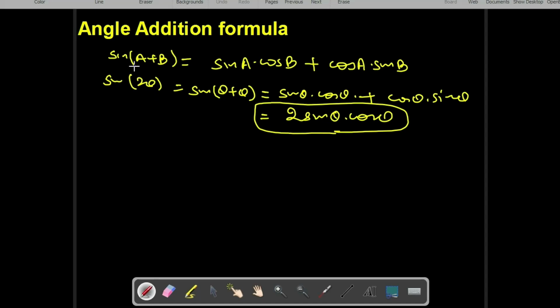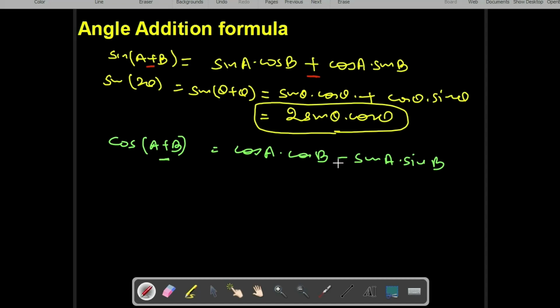So like this way we can find values using the angle addition formula. If there is a plus, and if there is a minus, like A minus B, there will be a minus. Similarly for cos, if I have to write cos A plus B, we have to write cos A into cos B minus sine A into sine B. If there is a minus sign, then there will be a plus.